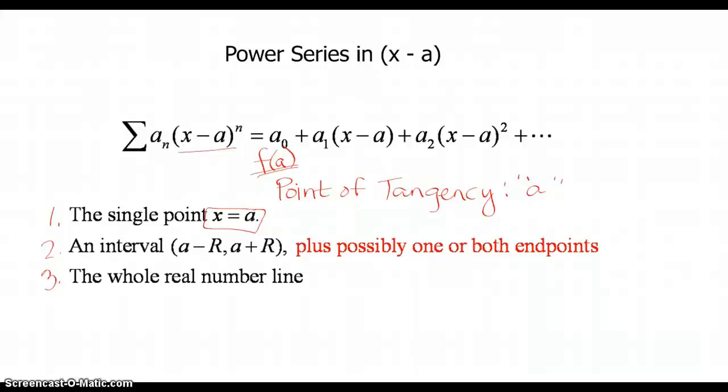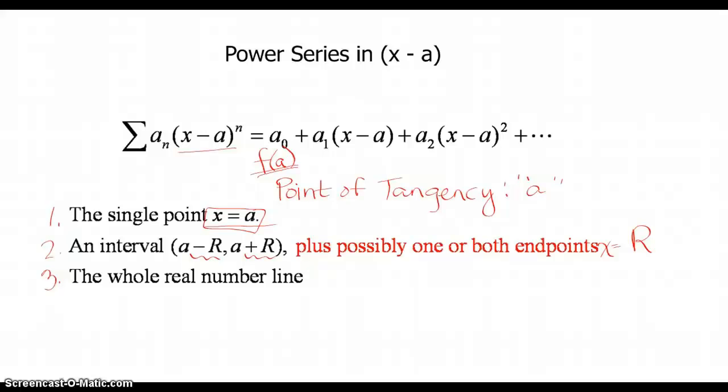Or, like on the last example, we could get a distance away from the center, either to the right or to the left. So for radius of convergence, we're still after this value r.